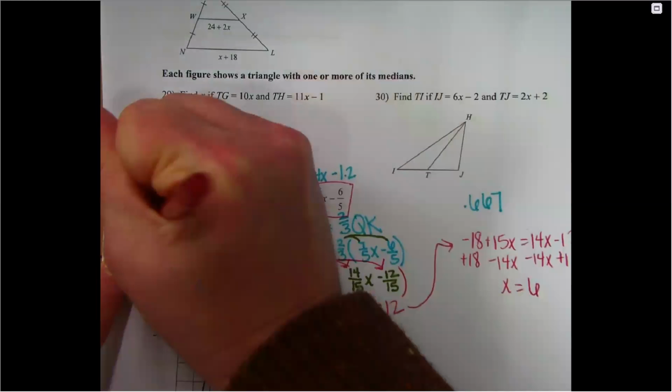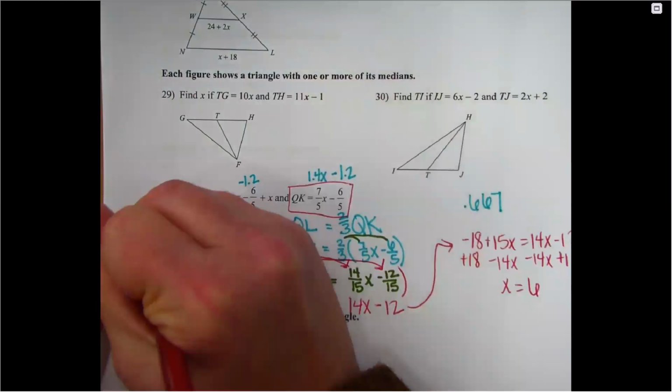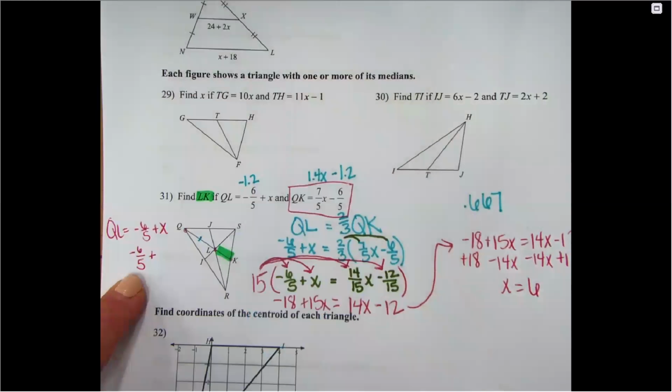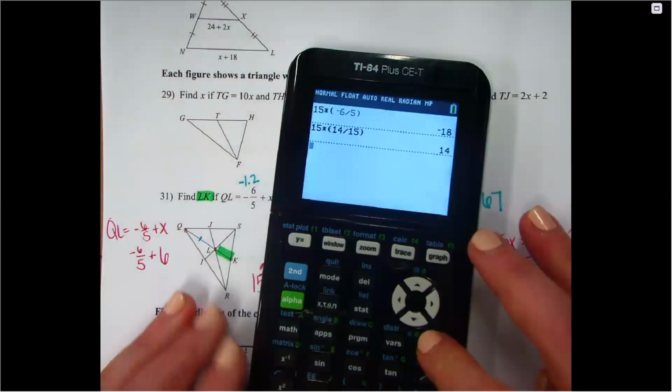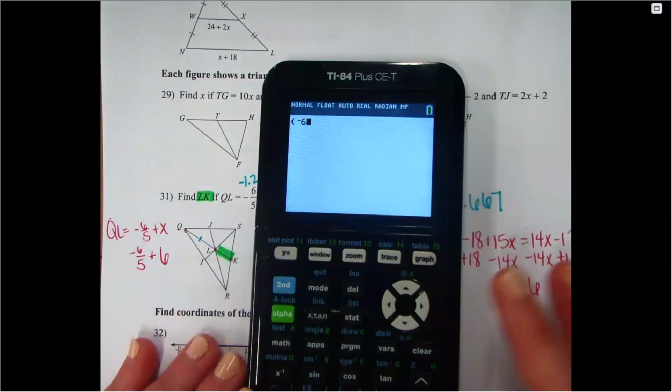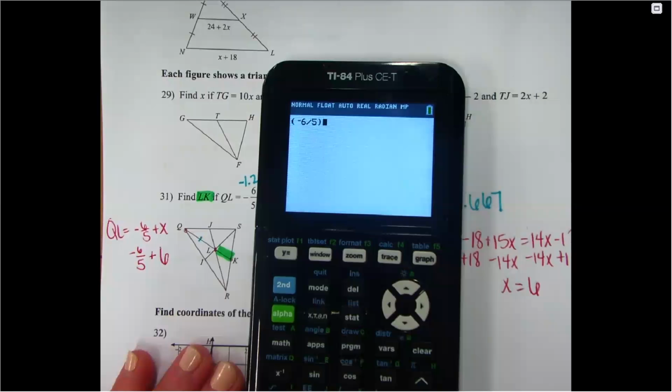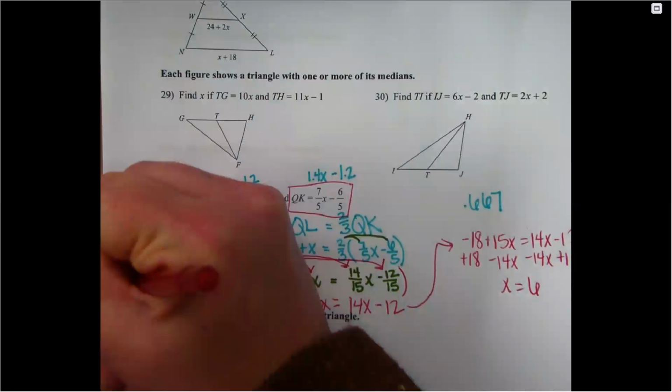So again, if the fraction is causing you anxiety, make it a decimal, plug in 6. On your calculator, open parentheses, negative 6 divided by 5, close parentheses, plus 6 gives you 4.8, which is fine. And that's QL. So QL is 4.8.